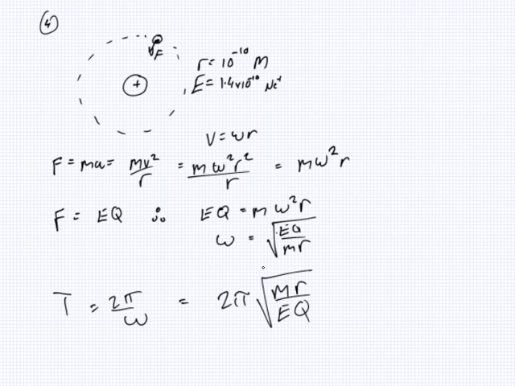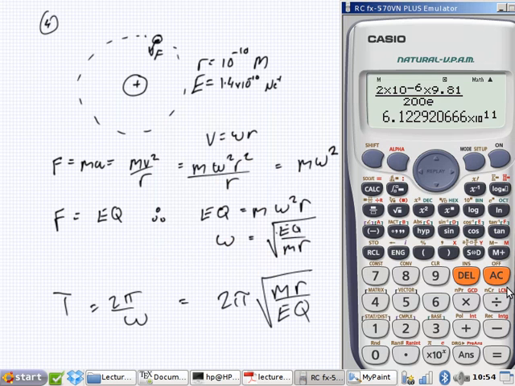Let's see what we get. That's proton. That's neutron. That's electron. What did I say the strength was? 1.4 times... so the minus 10s cancel.